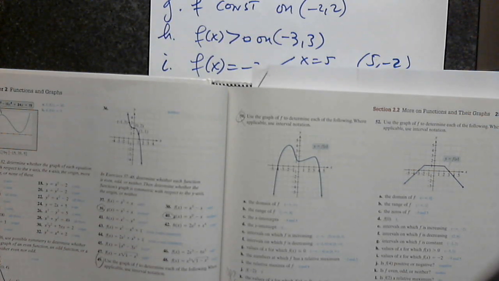The function is decreasing on the interval negative 2 to 0, union 3 to infinity. Is that clear? Do we understand this concept? Decreasing in negative 2 to 0. Looking at the x-axis. We are only looking at the x-axis.